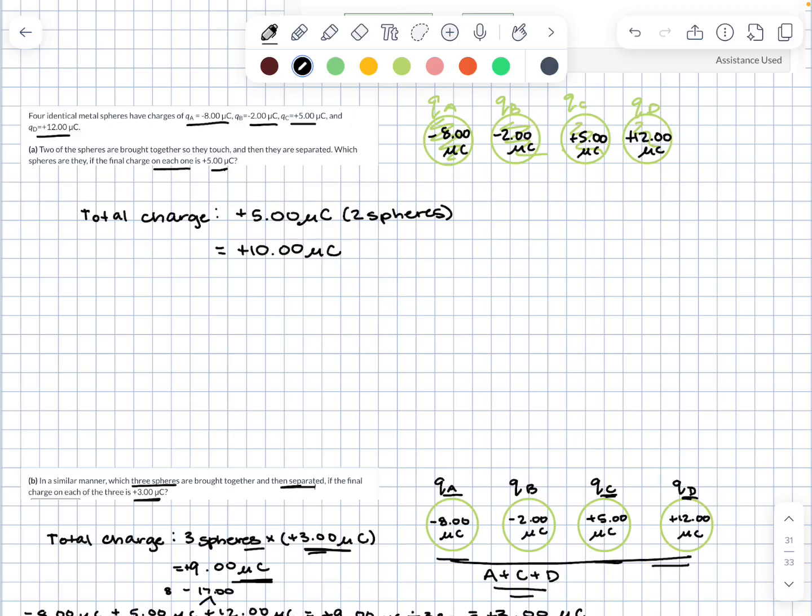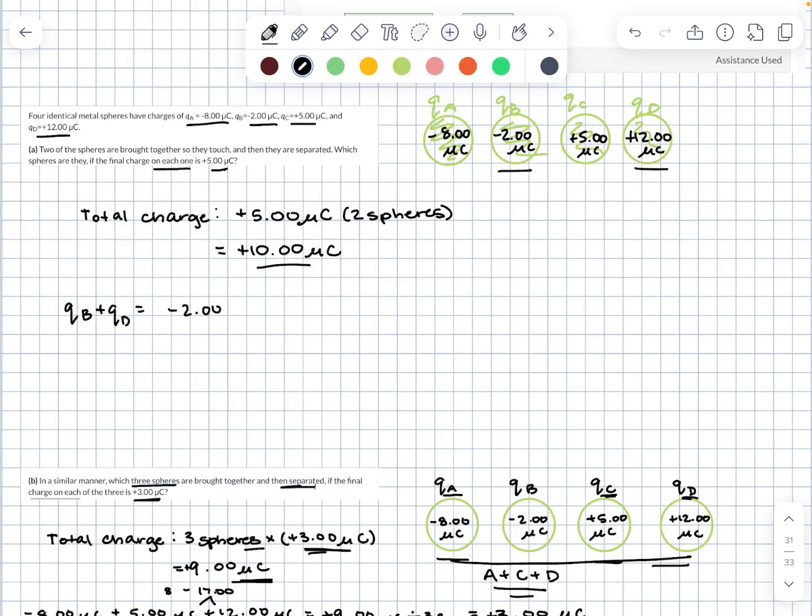And as we've learned in class, if we have 2 objects in contact, then some electrons will be transferred from one to the other, depending on which object is attracting those electrons and which object is giving them up. So any of these 4 spheres could come in contact. We just don't know which ones. Given that we need a total of 10, we're going to add up the charges to see which ones work. Automatically the negative 2 charge and the positive 12 come to my attention. So we're going to add Qb plus Qd.